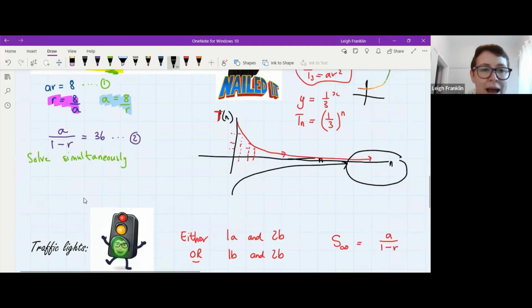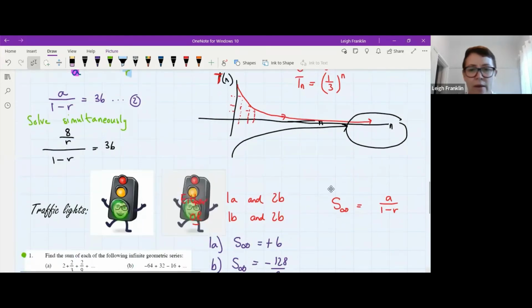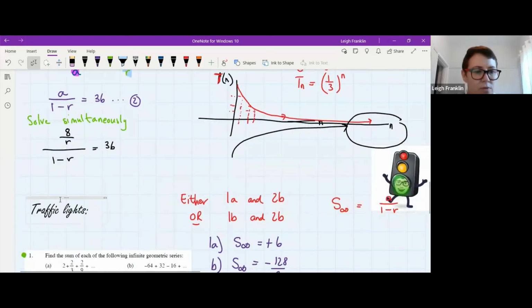Okay, so now we're going to take A, which is 8 over R, all over 1 minus R, and we've got to make that equal to 36. Now let me just move my traffic light thingy out the way because that's not helping us right now.